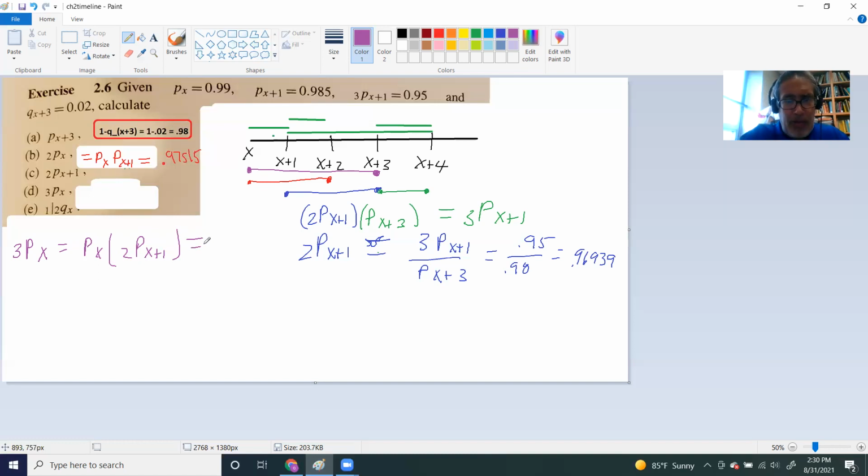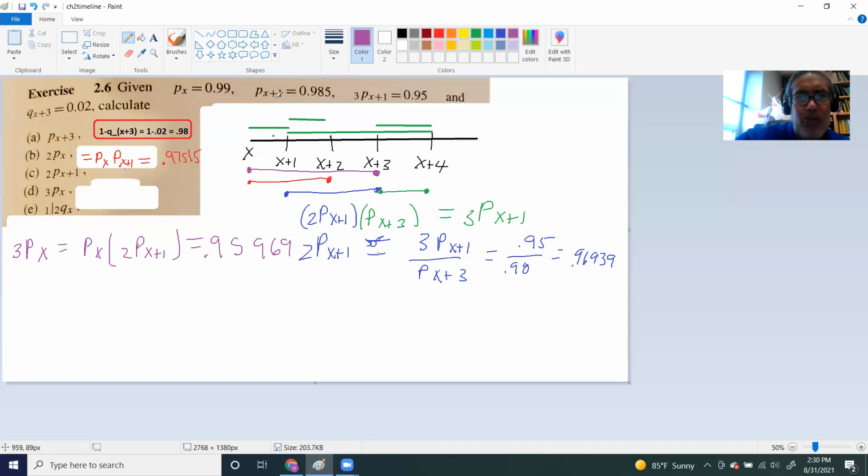And now we figured out what this is. So this is going to be multiplied by 0.99, and we get 0.95, bunch of stuff here. It gives you that one.